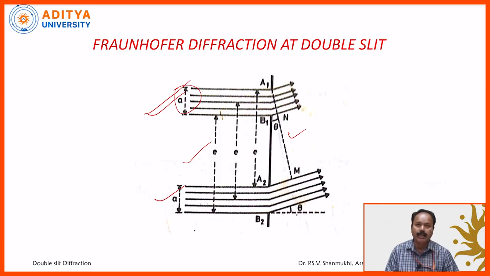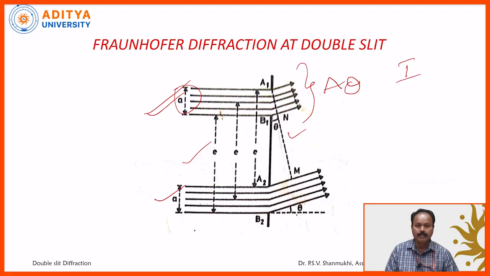Suppose we consider A1 B1 as the single slit and the light rays are passing through that one. There is a bending of light. Actually, in case of Fraunhofer diffraction due to single slit, the resultant amplitude is given by A theta, or the resultant intensity is given by I theta or I1. Similarly consider the second slit.